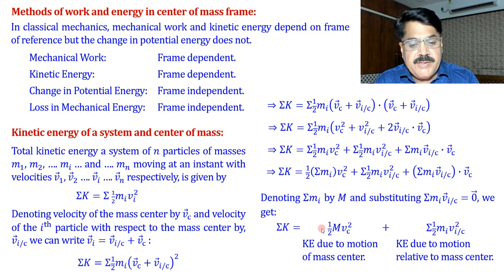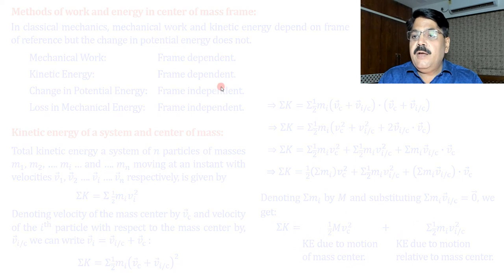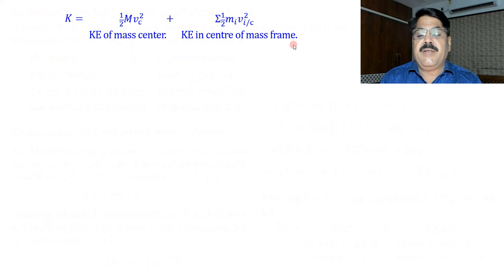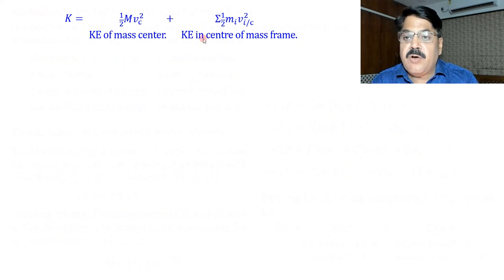So on the next screen, we reproduce this equation with the new names. Here, K is equal to, again, the total kinetic energy, the kinetic energy of the mass center plus the kinetic energy in the center of mass frame. Now we'll discuss various properties of these two parts of kinetic energies.